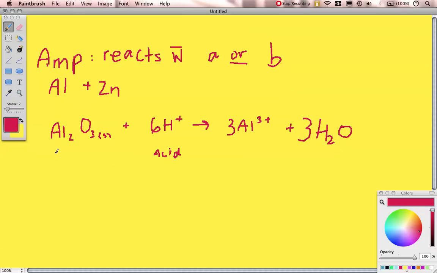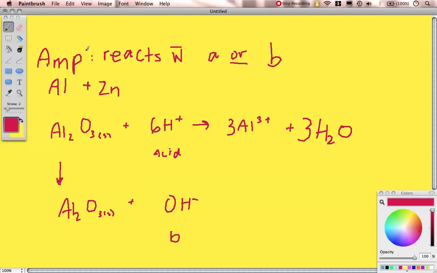It's more complex, guys, when you react the aluminium oxide with a base. So we still have the same oxide to start with, but we've got hydroxide ions. So this is the base down here.